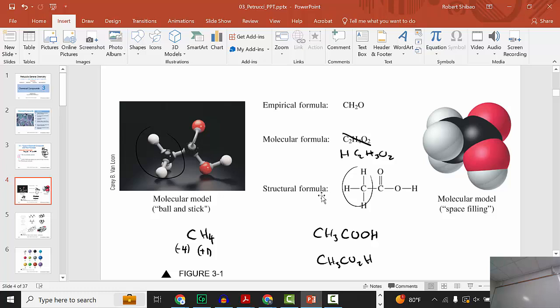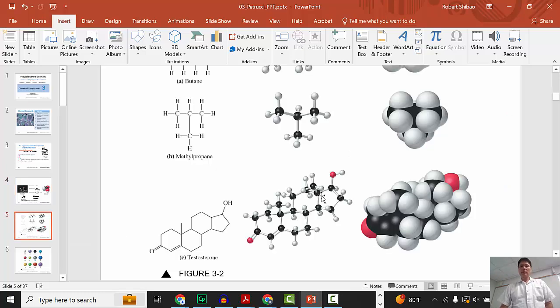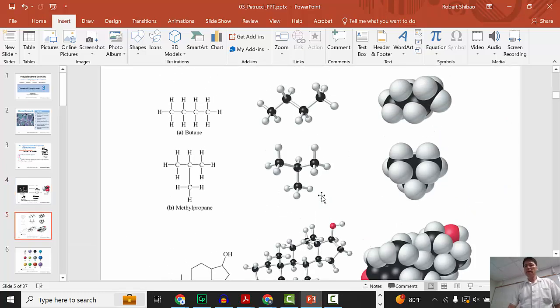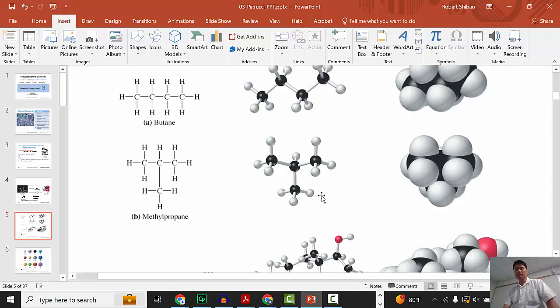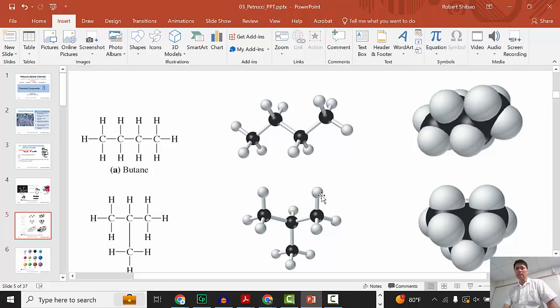And this is called an organic acid here, acetic acid. Here are some more organics. When we look at organics, the first thing I look at in the structure is how many carbon atoms are in the chain.